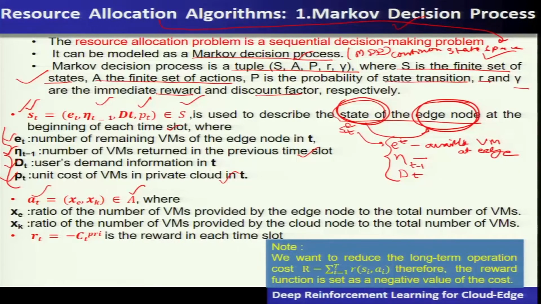What is an action? So an action has 2 components, x c and x k. So x c is the ratio of the number of virtual machines which are provided by the edge node divided by the total number of virtual machines.